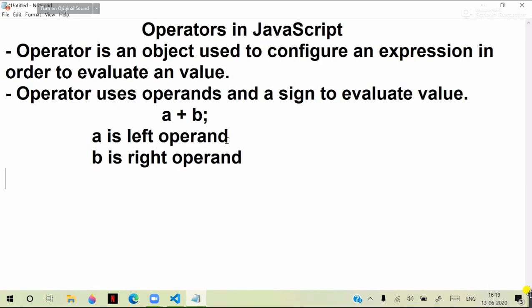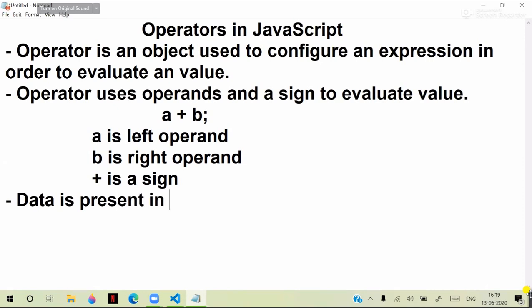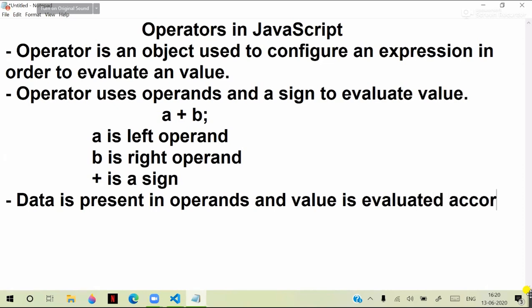So usually what happens, plus is a sign. Data is present in operands, and the value is evaluated according to the sign defined.